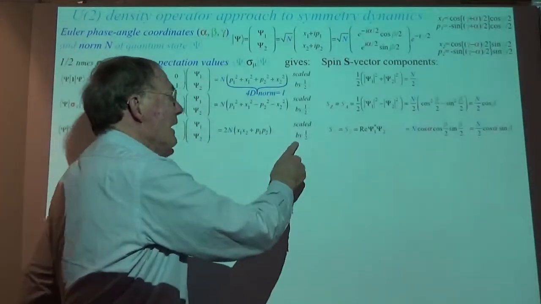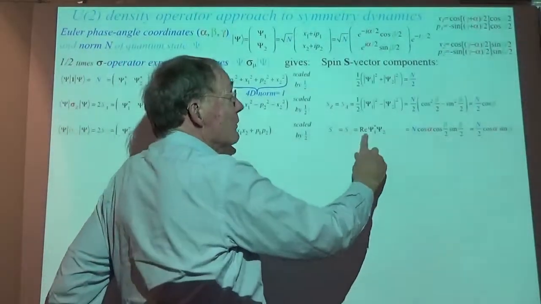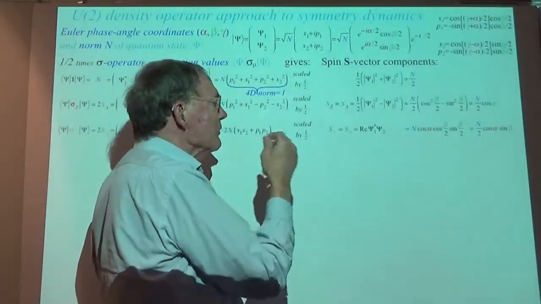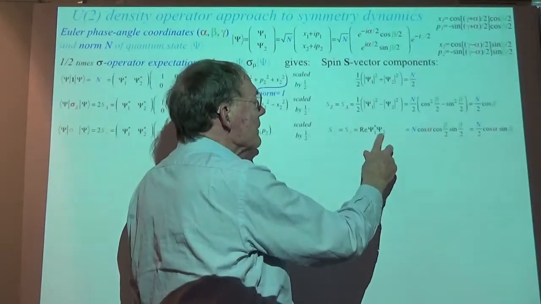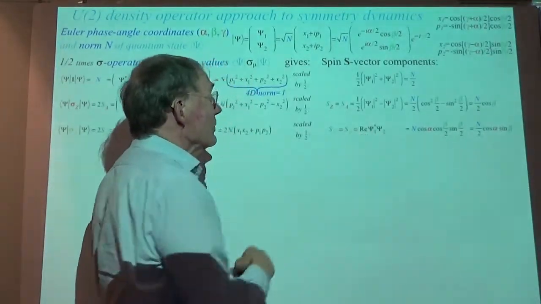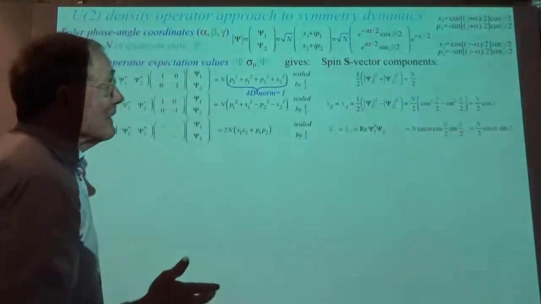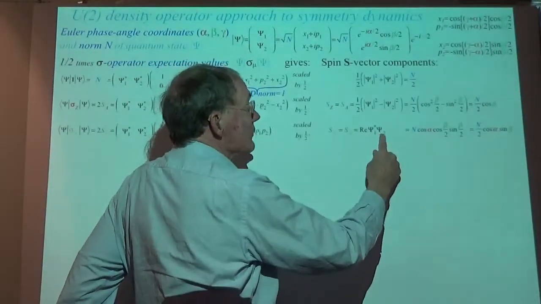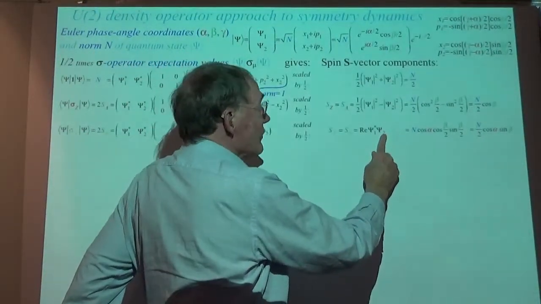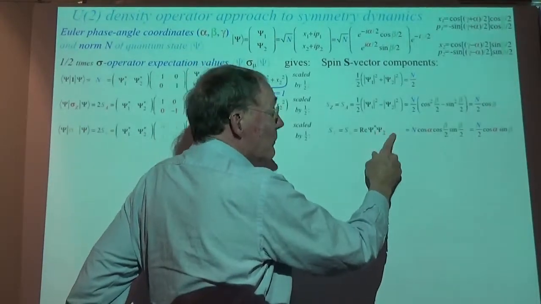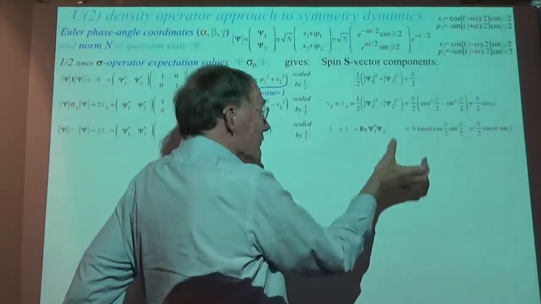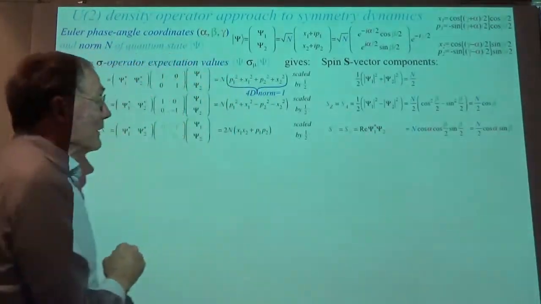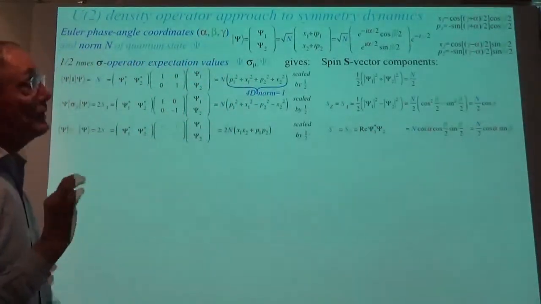Now scale that by a half and you get what's called the real part of a coherence in the density language that we're going to be using shortly, okay? Anyway, that's what we're actually getting, the real part. We're getting psi 1 star psi 2 plus psi 2 star psi 1 divided by 2. That's the real part of the off-diagonal component of a density matrix.